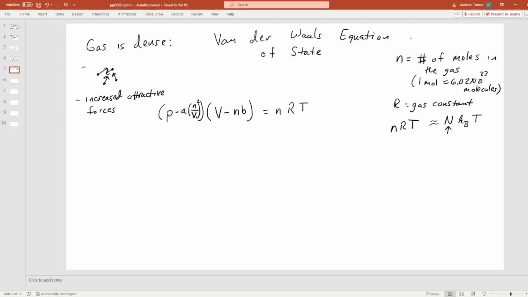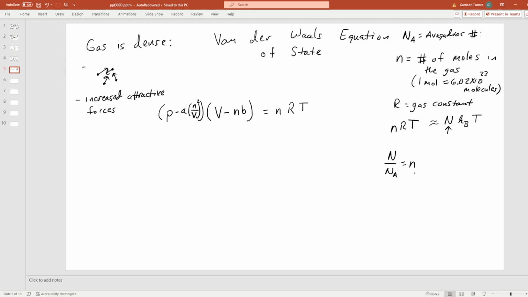So if I take Avogadro's number, then the total number of atoms or molecules divided by Avogadro's number gives me the number of moles.